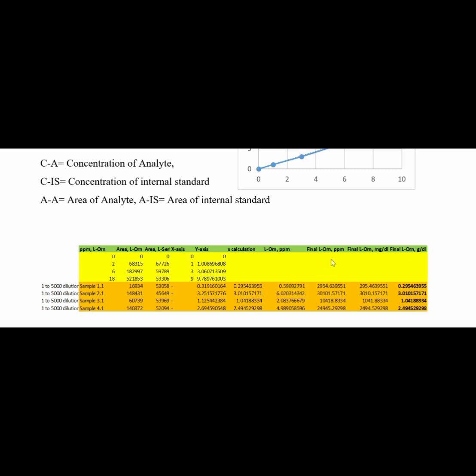Then final L-ornithine was obtained by multiplying this L-ornithine ppm value by 5,000, because the sample was diluted 5,000 times. And final L-ornithine in terms of milligram and gram per deciliter was obtained accordingly.